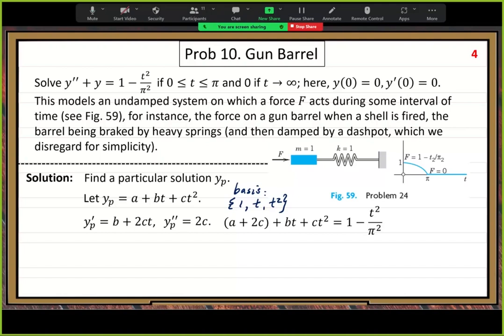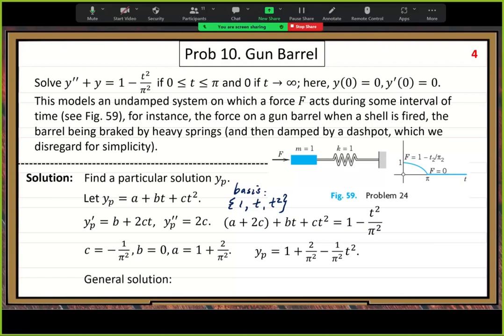All right. So we get C, B, and A. Then our particular solution can be written explicitly in this way. But that's the particular solution.